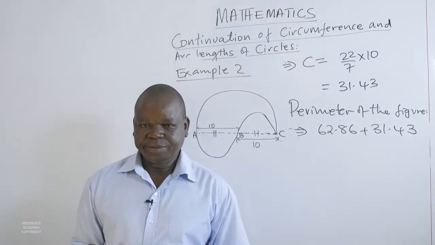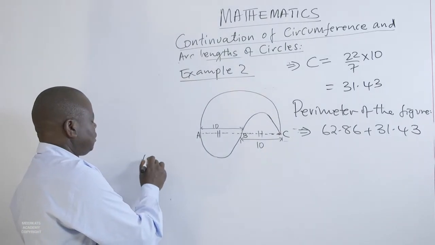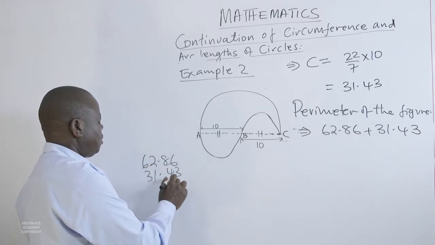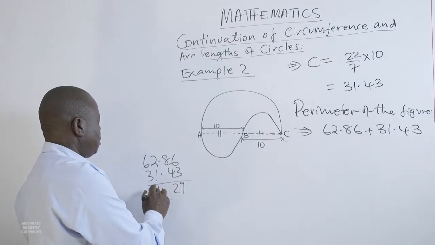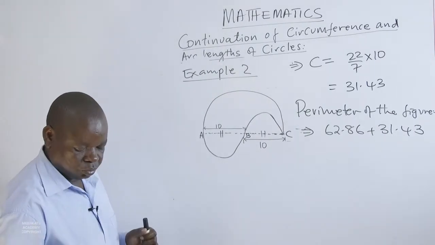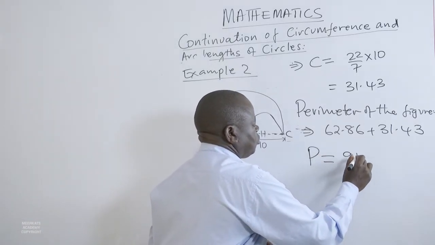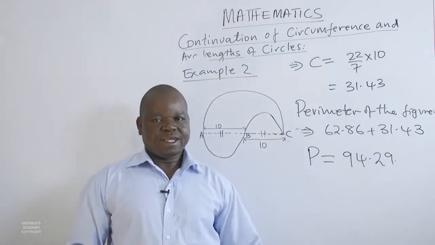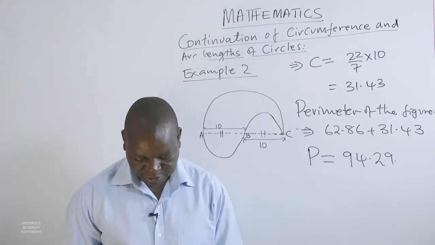So when you add that, you get 94.29 units. They don't have dimensions, so they are just units.